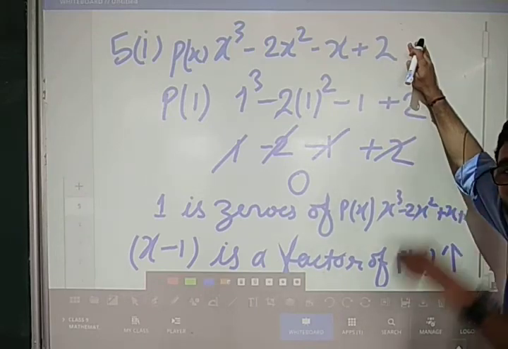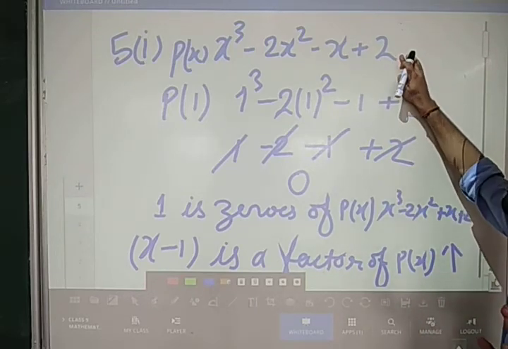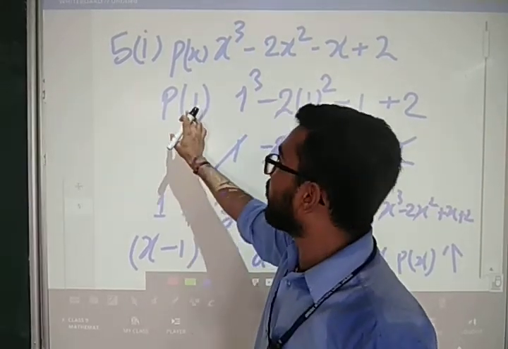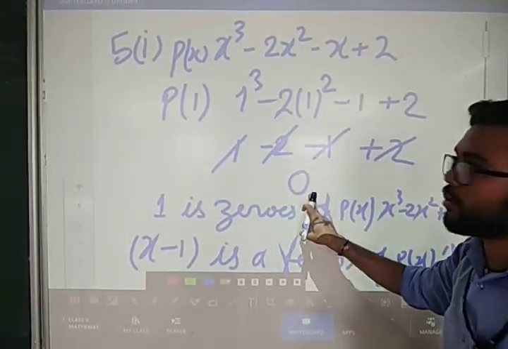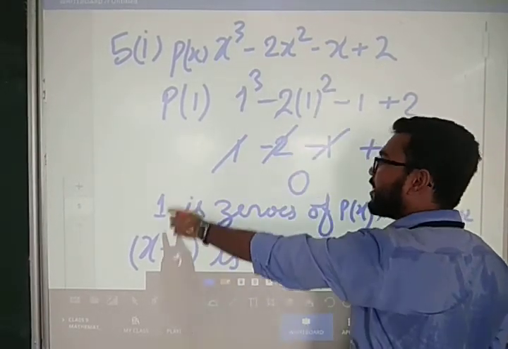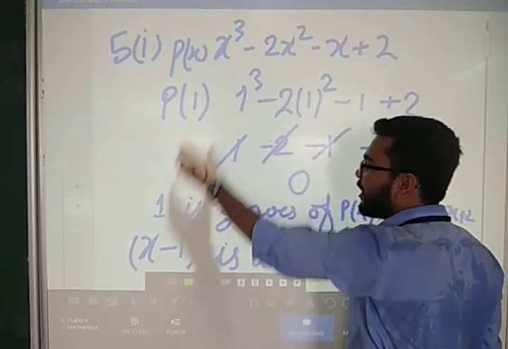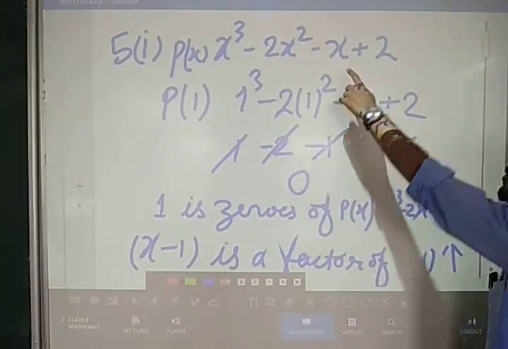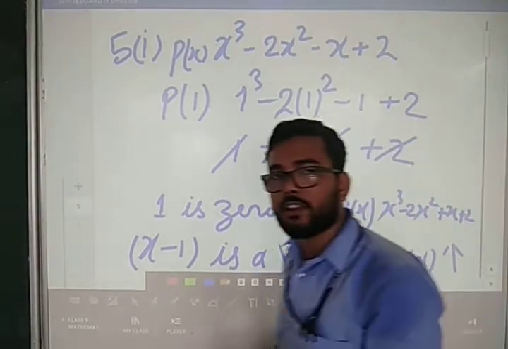So here 1 and 2 are the factors of this constant term. First we substitute 1 in place of x, we get the value equal to 0. That is why this value is the zero of this polynomial. And if this value is the zero of the polynomial, it means that by the factor theorem x minus 1 is a factor of this given polynomial. So this is the first factor.